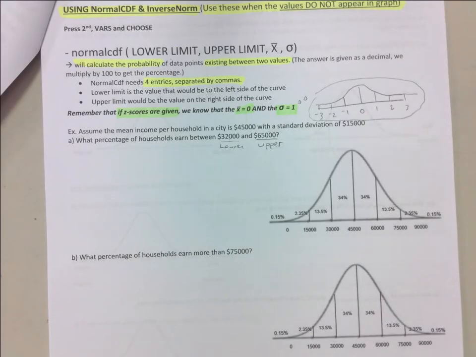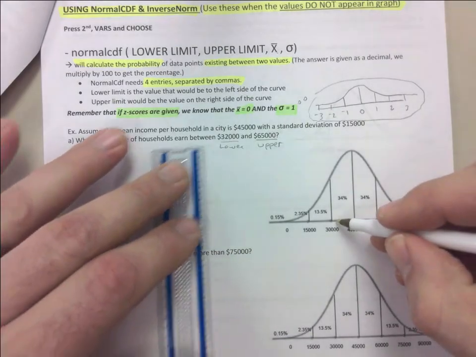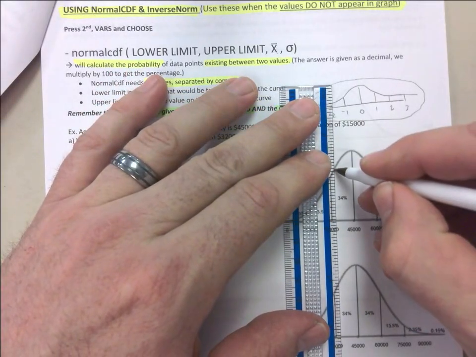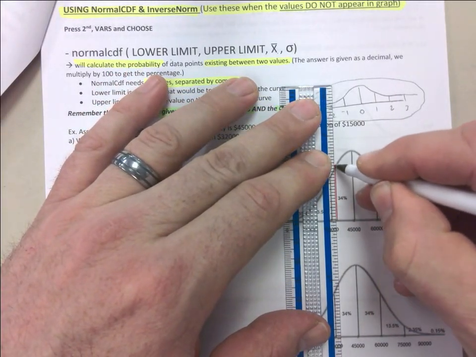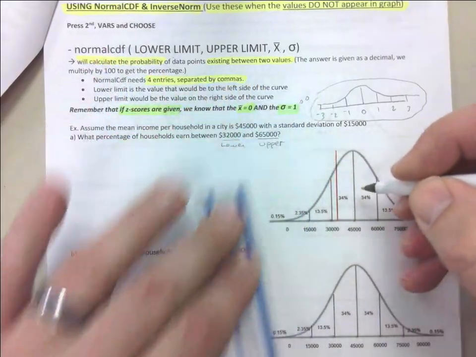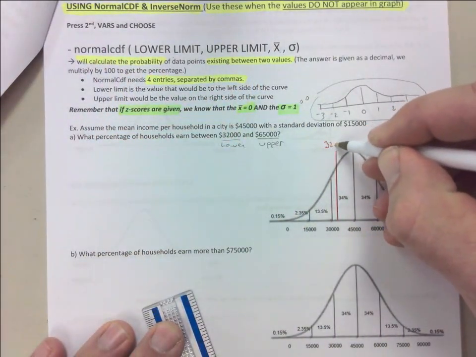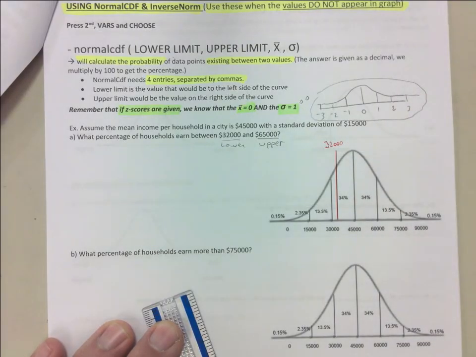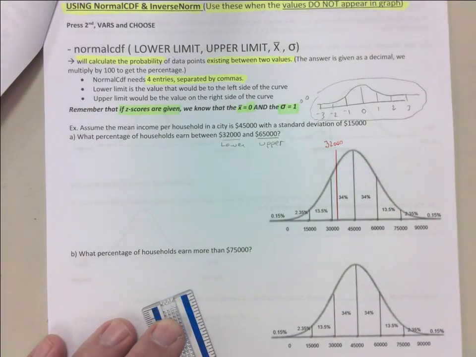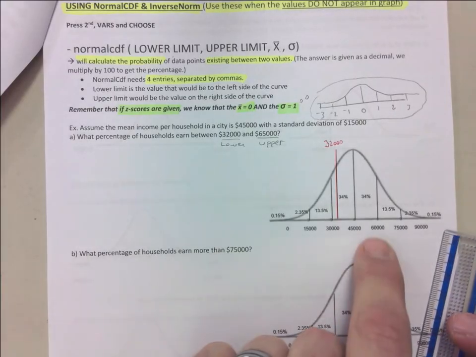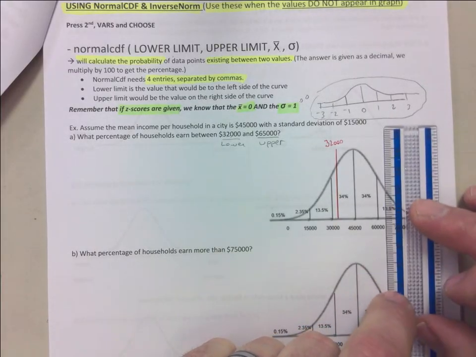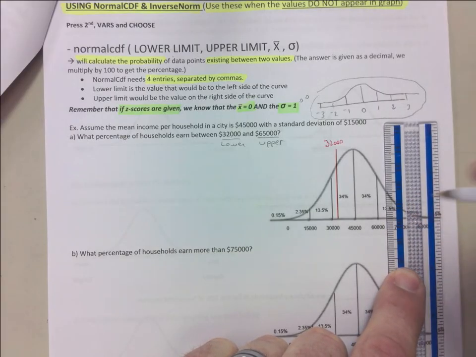So we're kind of stuck. But 32,000 would be somewhere about there. So basically, we're making our own partition here. That's the 32,000. And 65,000 would be where? 65 would be probably somewhere in there. This is just approximate, right?